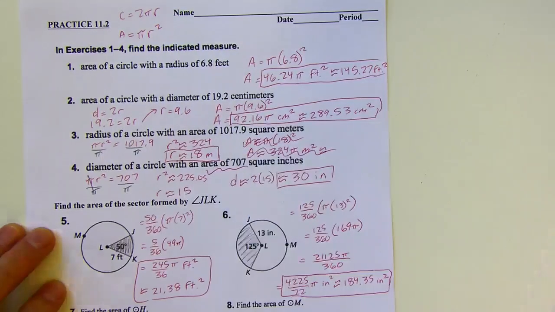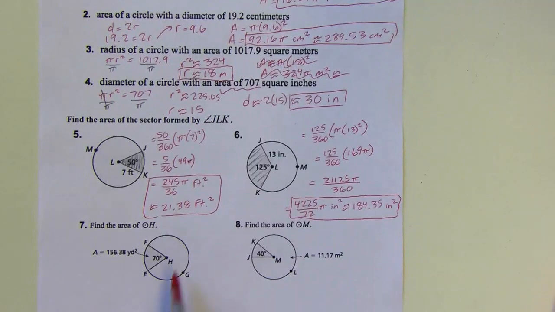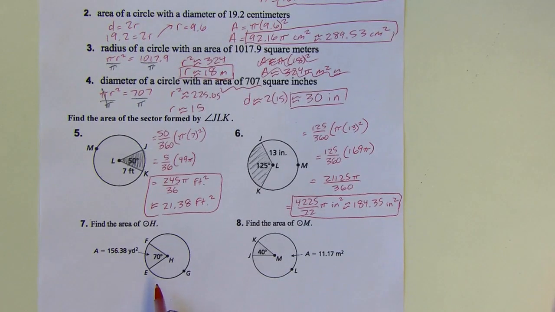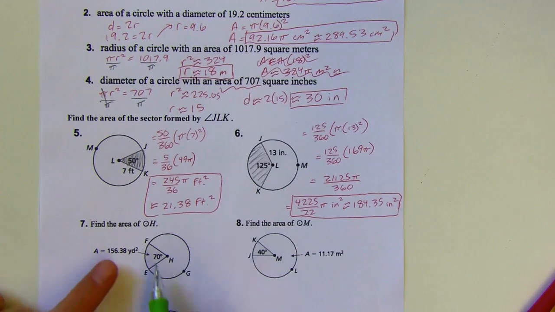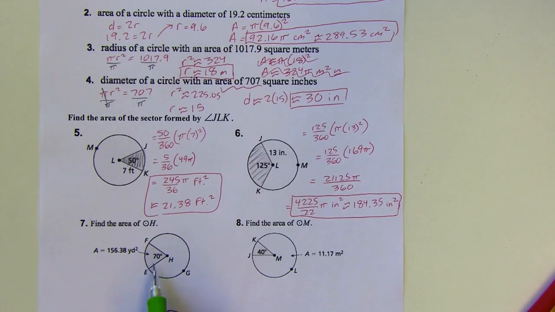Okay. All right. Next problem. This time we're supposed to find the area of the whole circle. So I like to set these up with proportions. It's a little bit different than the way the book teaches it, I believe. They tell me that the area of this sector is exactly 156.38 square yards.